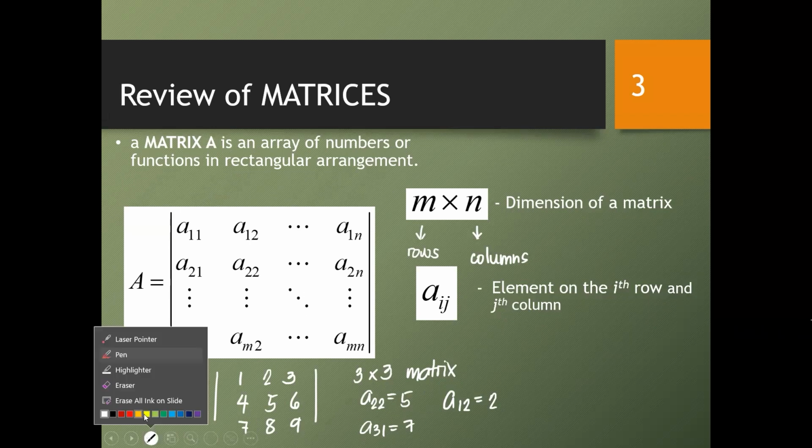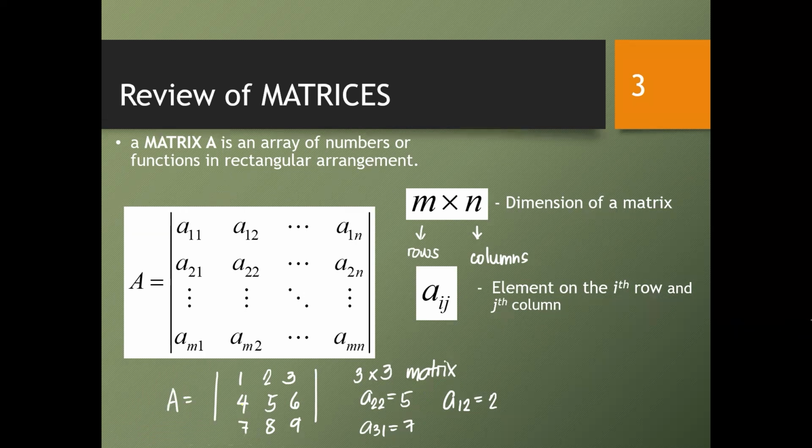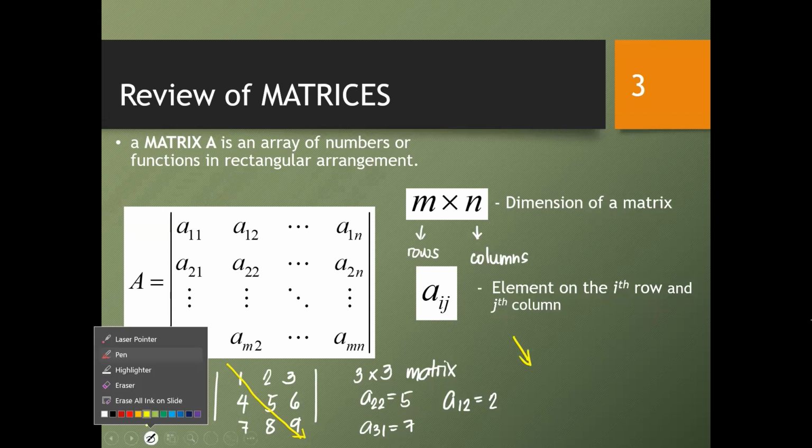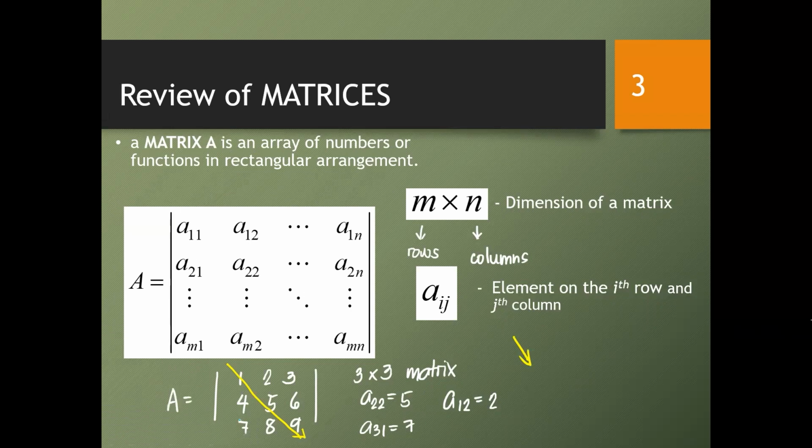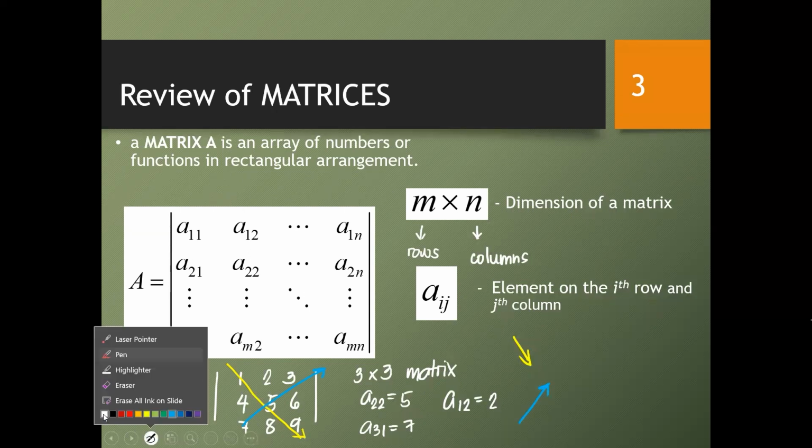Also, square matrices are defined by their diagonals. The yellow one is what you call the main diagonal, and then here, the blue is the secondary diagonal.